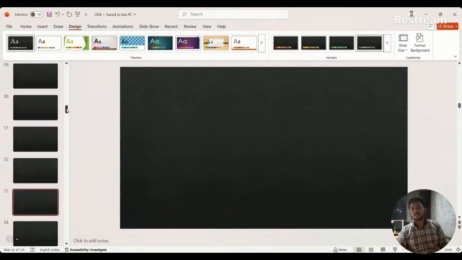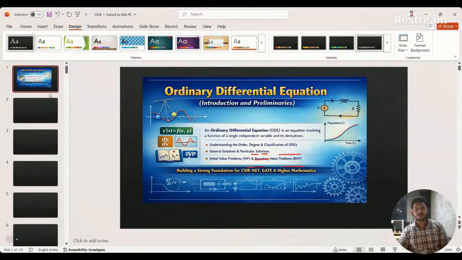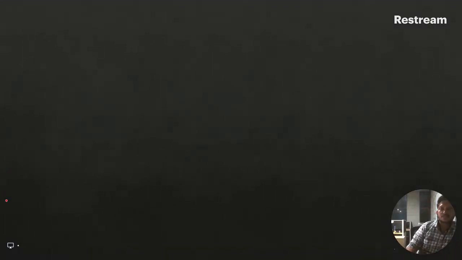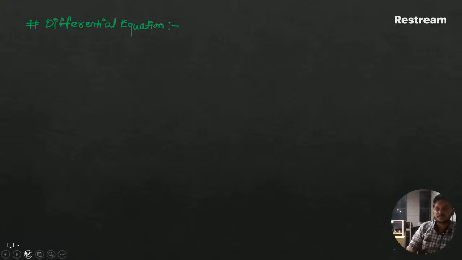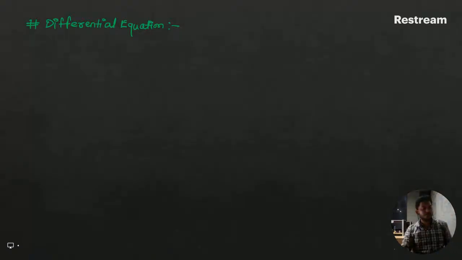My aim today is to discuss some topics related to this. Now come to the point. I am going to teach you some basic definitions about differential equations. A differential equation is commonly an equation involving derivatives of one or more dependent variables with respect to one or more independent variables.